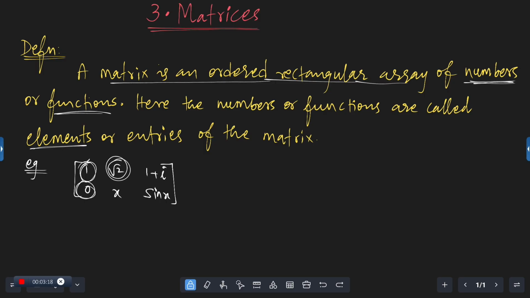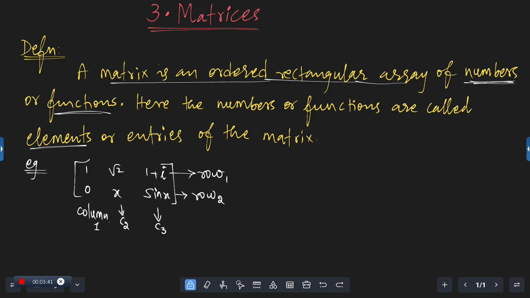Am I right? Either row wise we have to check or column wise we have to check. You may have a doubt. So the horizontal line whatever you are writing, that's called a row. This is row number 1 and this one is called row number 2. And going down we call it a column. This is column number 1, and the next one column number 2.